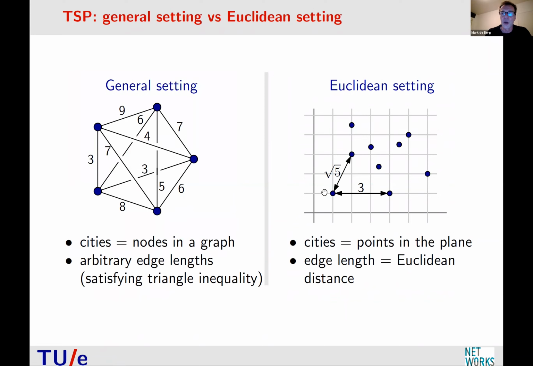One is the purely graph theoretic setting, where I have a weighted graph, and let's say it may be satisfying the triangle inequality, or you could also look at settings where this is not the case. And now I want to have a shortest tour in this graph, of minimum weight. What I'm interested in is the Euclidean setting, where the cities are points in the plane, and the edge length is the Euclidean distance.